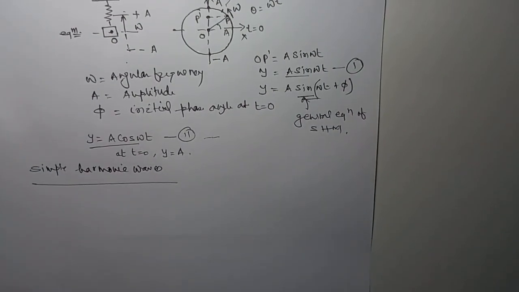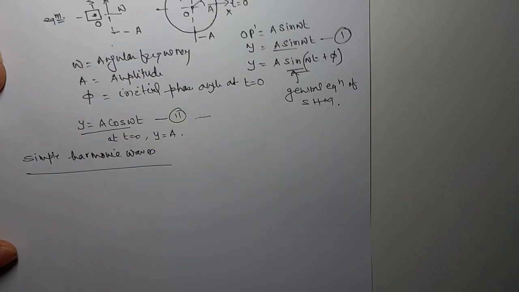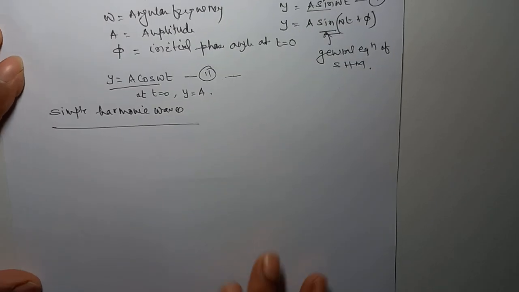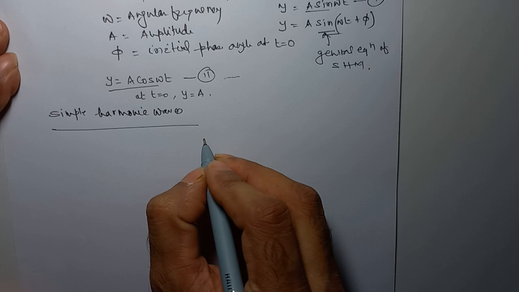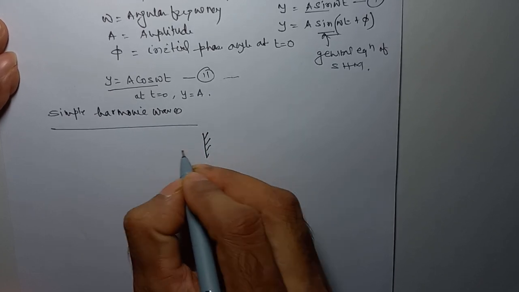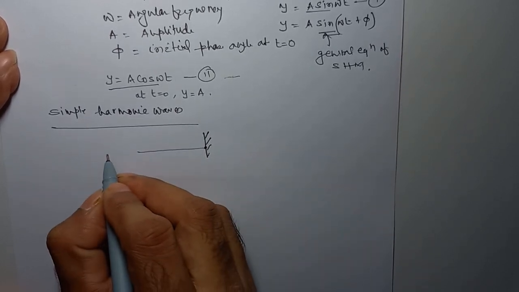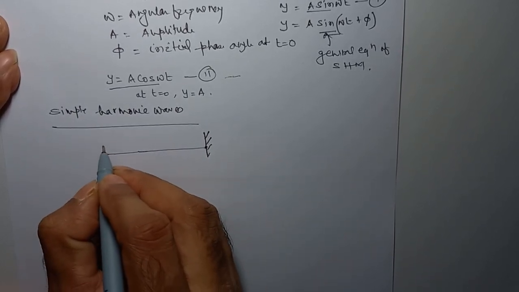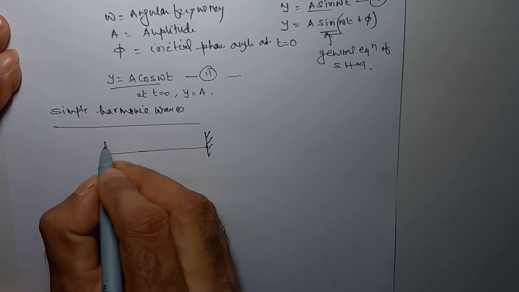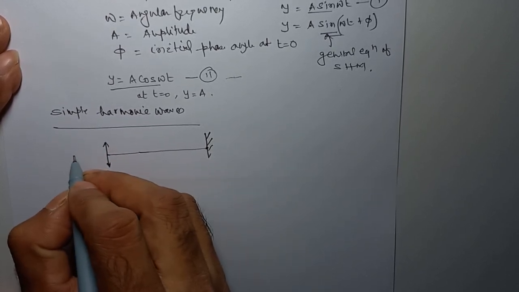So now we'll derive how we can represent mathematically the simple harmonic waves. Say we take one string which is fixed at one end and the free end is moved vertically up and down, simple harmonically.